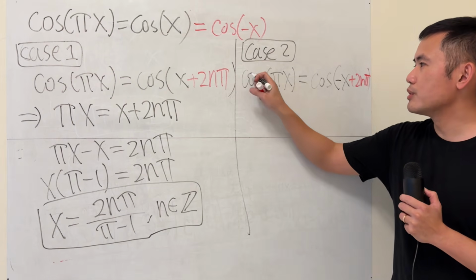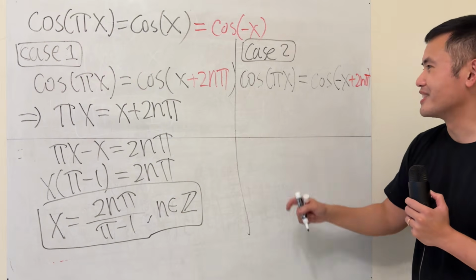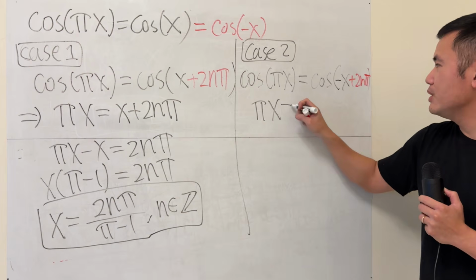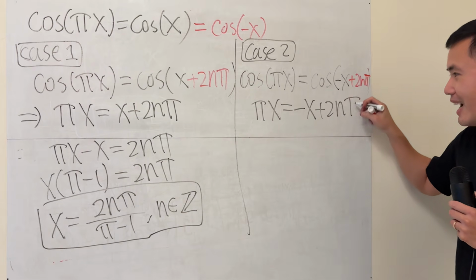Okay, and then pretty much do the same thing, and then we will finish this real quick before my marker dries out completely, right? So this means we can get pi x equals negative x plus 2n pi.